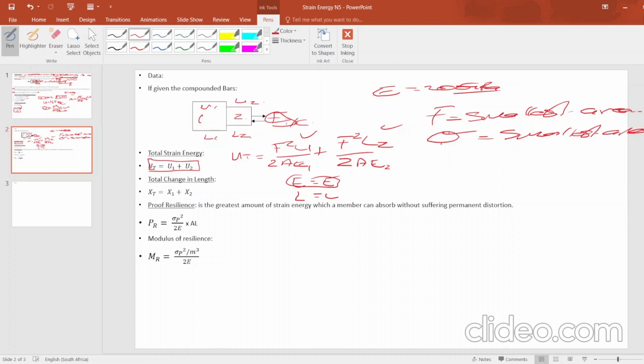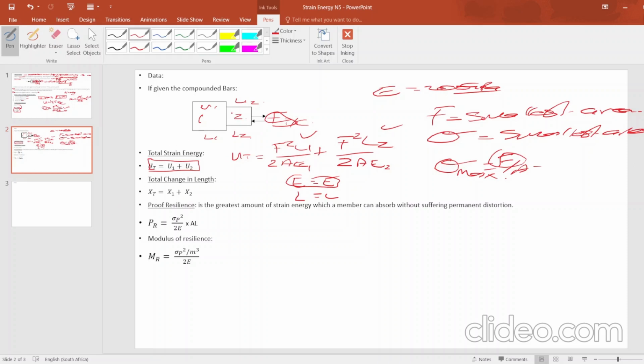It means in calculating force, you will need stress equals force over area. If force is not given and you are given stress, it means the stress that will occur on the smallest area is the max. Then you can calculate force and use this force in this formula to calculate the total strain energy.